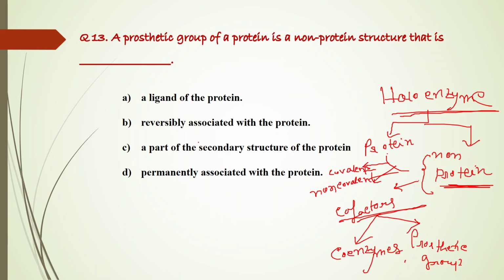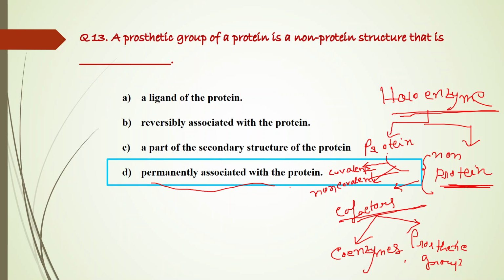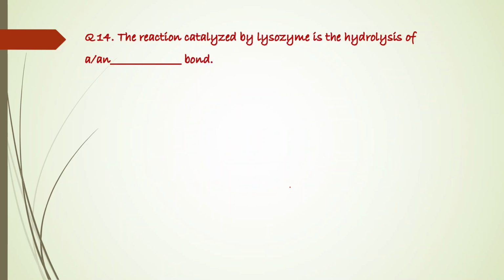The only correct option is that they are permanently associated with the protein, because they are covalently added to the protein part. So our correct option for prosthetic groups should be option D. Moving to the next one.